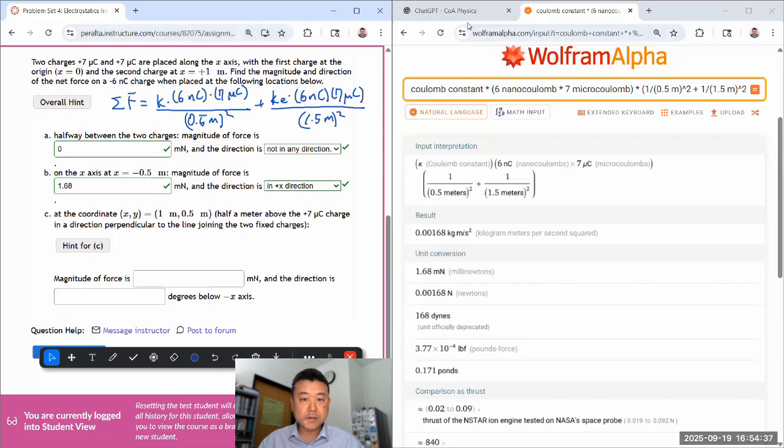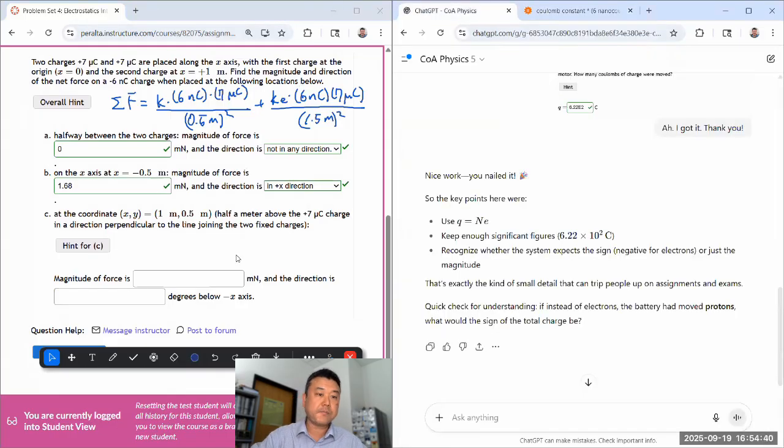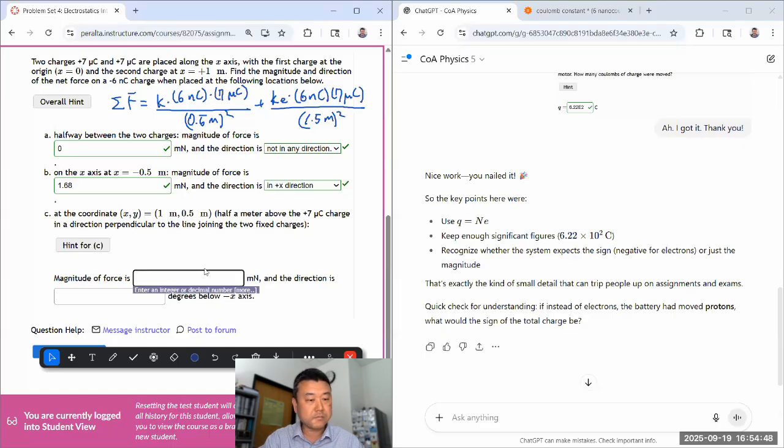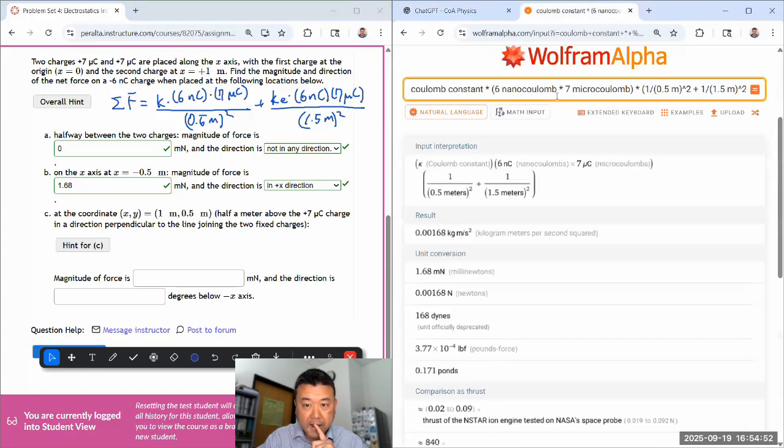So I'll say, I did parts A and B, but I'm really lost on how to do C. And let's even do this. At this coordinate, I can try using almost the same expression, just with the distances updated.